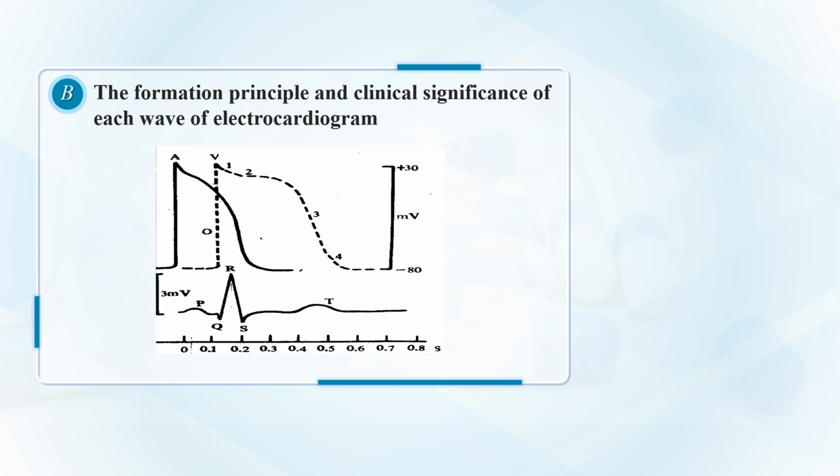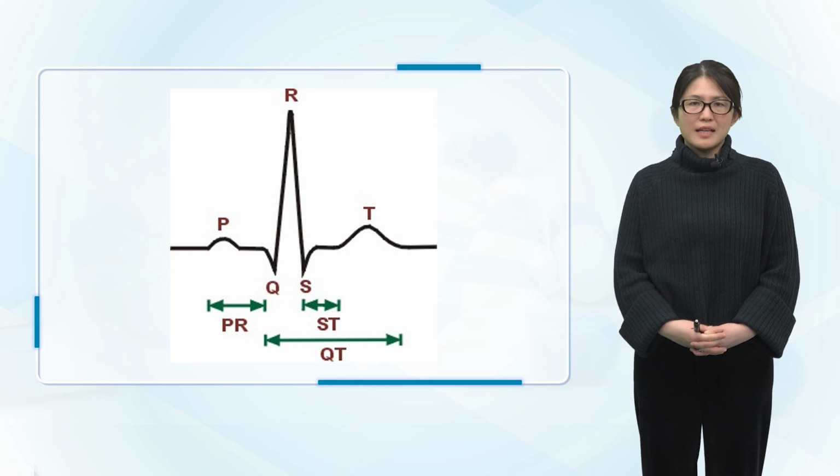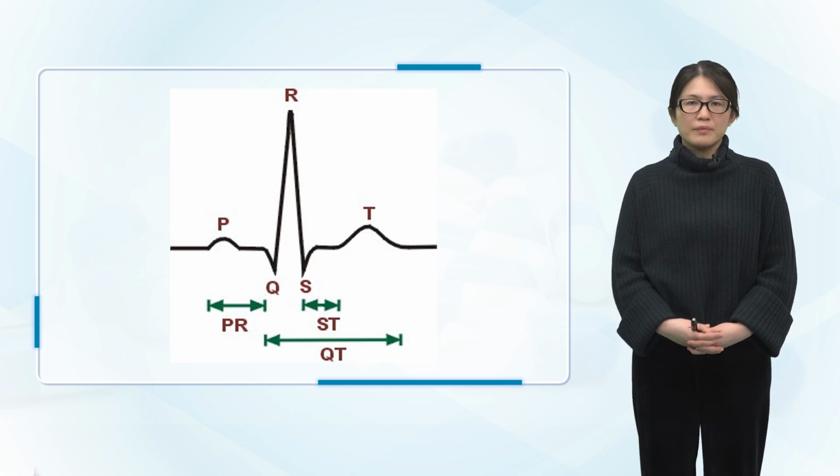Their peaks overlap. In a cardiac cycle, the P wave appears first, which reflects the depolarization process of the left and right atria. The PR interval is the time from the start of the P wave to the start of the QRS wave.